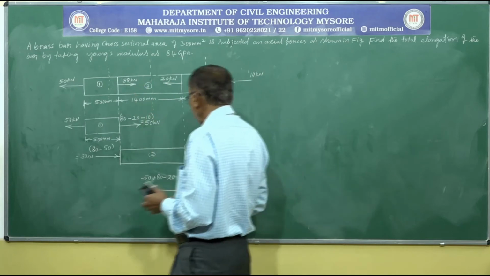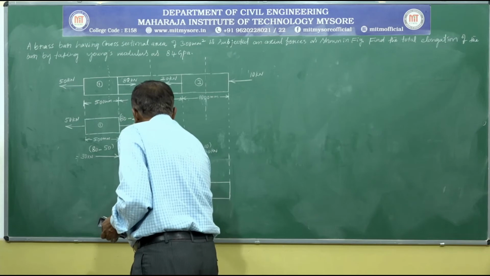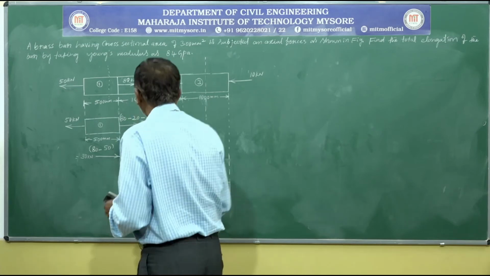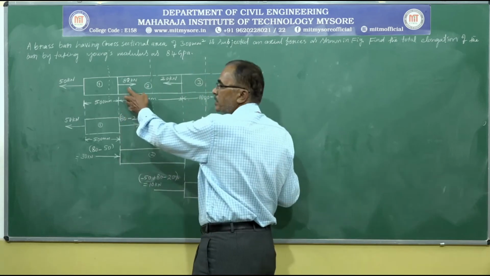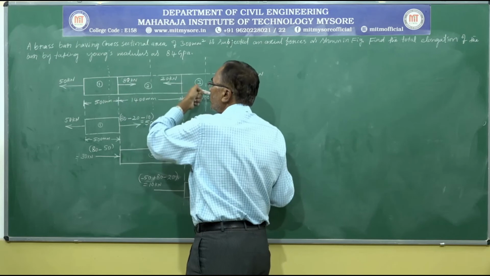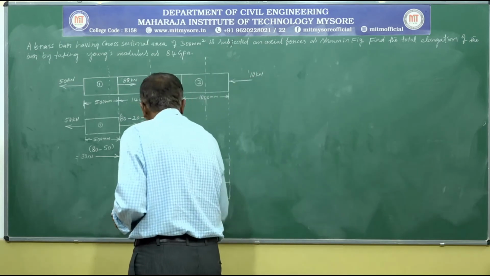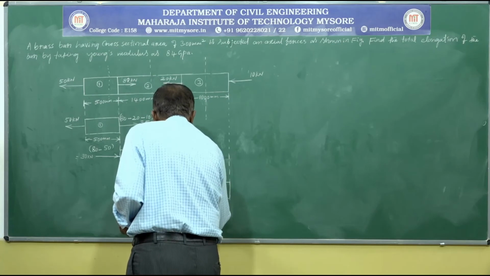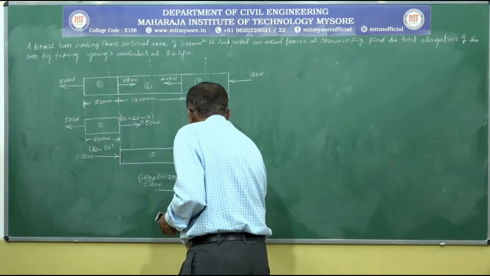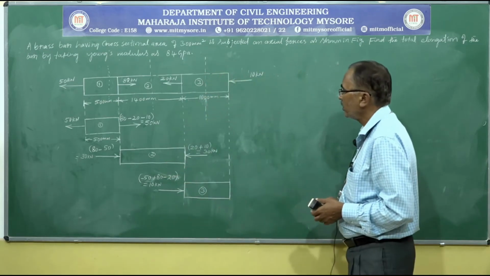So that gives us 10 kilonewton. The remainder load is acting in the direction of the 80, which is greater than the sum of 50 and 20, and the 80 kilonewton was originally acting in the rightward direction. Now we can decide the direction of load acting on the third portion. It is 10 kilonewton compressive force.